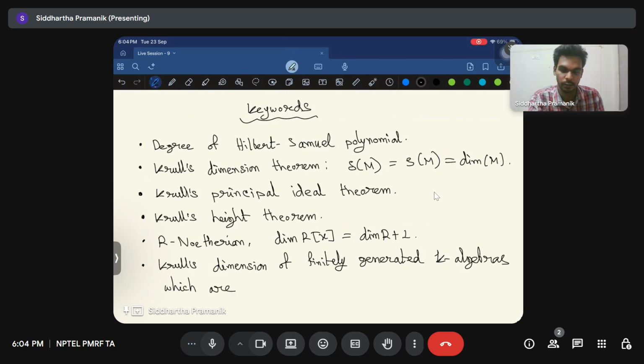Which is basically the transcendence degree of the fraction field of that affine algebra over the base field.